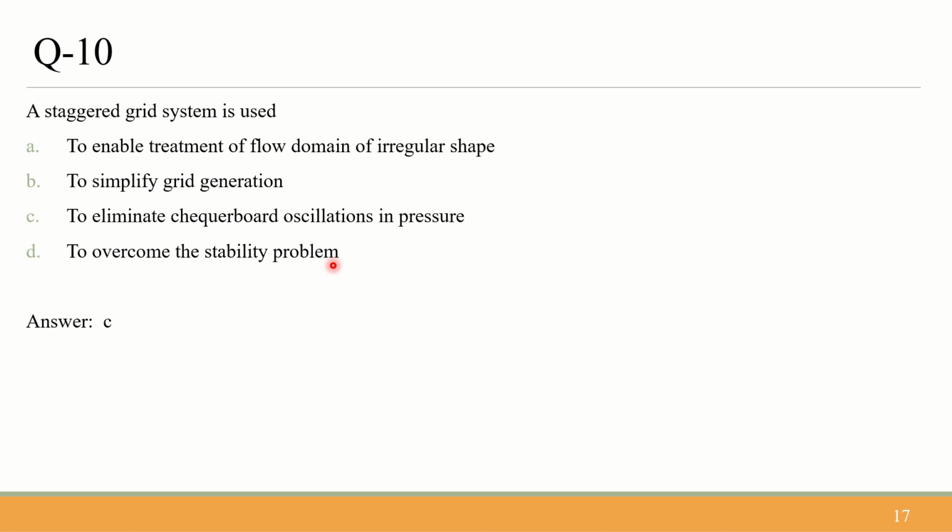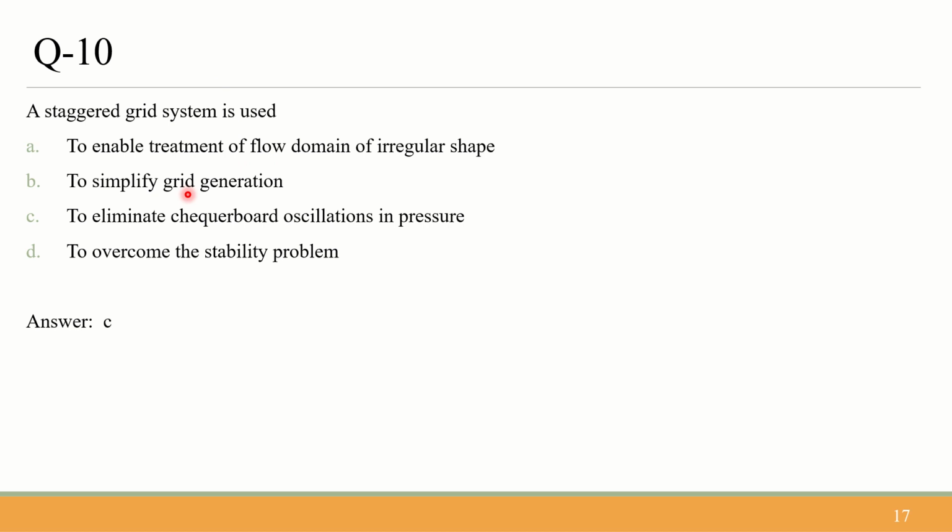While we are dealing with the pressure equation approach, sometimes we are dealing with dou p by dou x, that is variation of pressure along that direction, and we are dealing with adjacent grids, right?